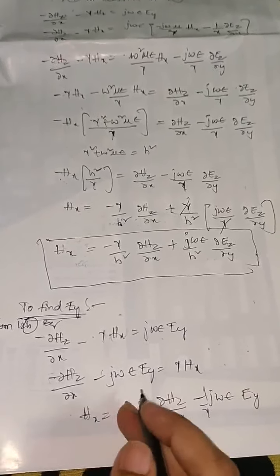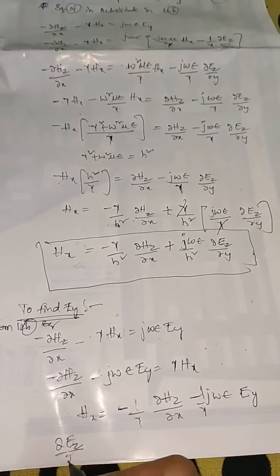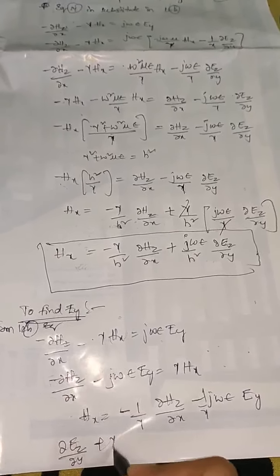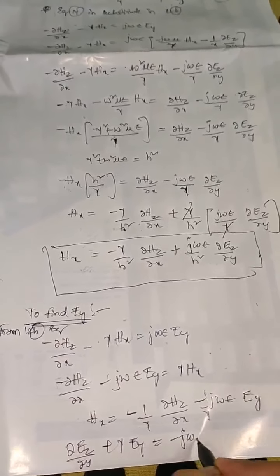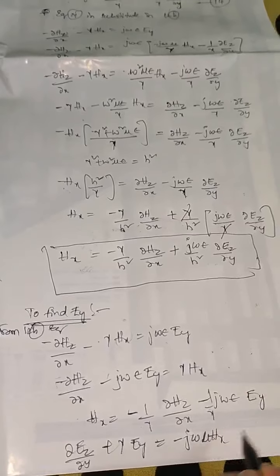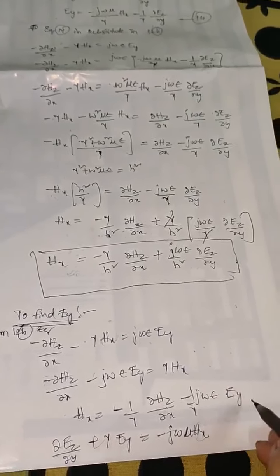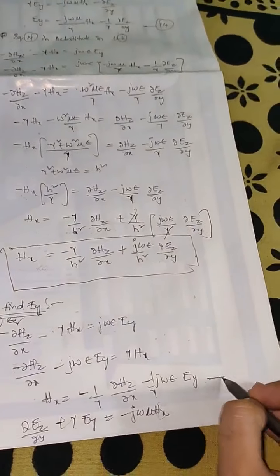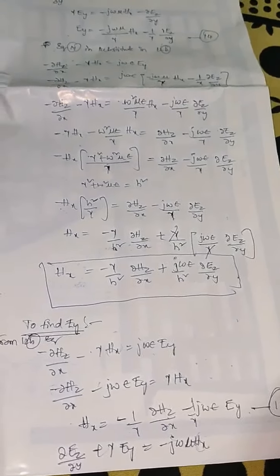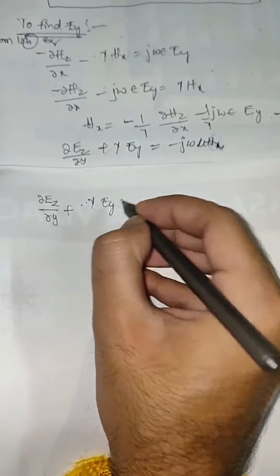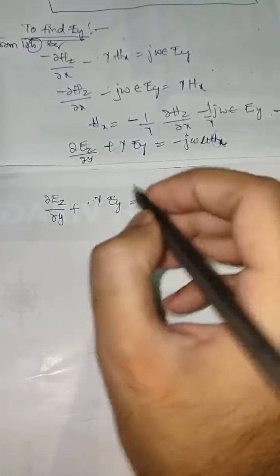And this Hx value is substituted in the sixth equation. So I am writing the sixth equation, which is nothing but ∂Ez/∂y plus γEy equals minus jωμHx. Okay, now this Hx value is substituted here, so this equation is the 15th equation. Again, this is the sixth equation.